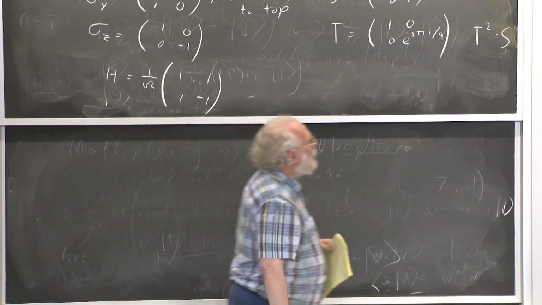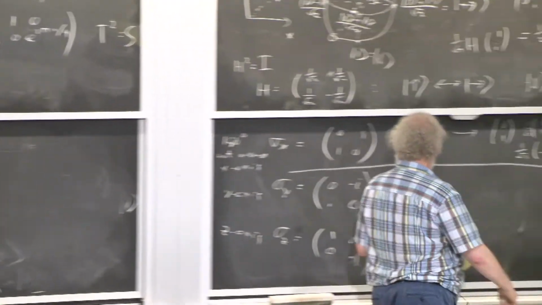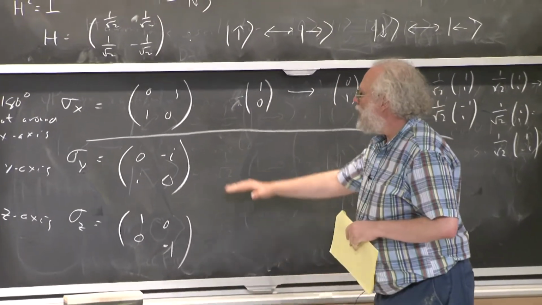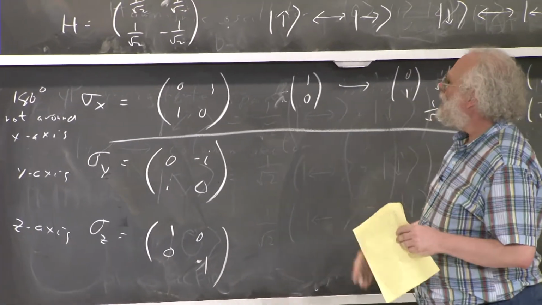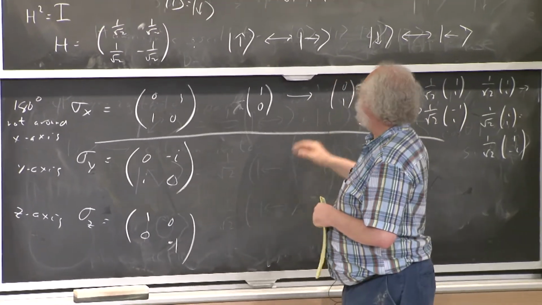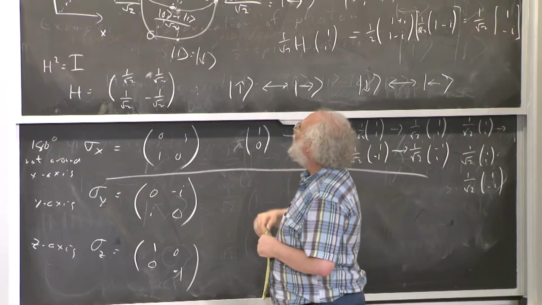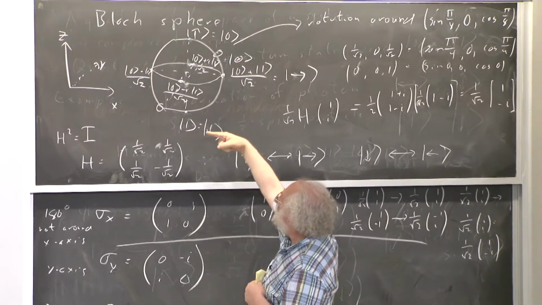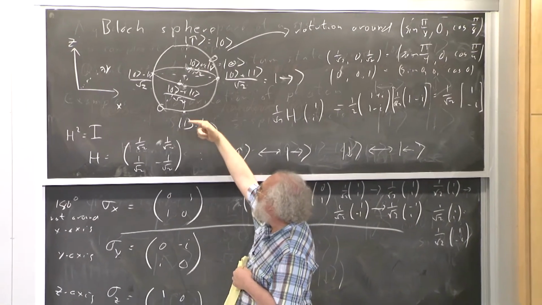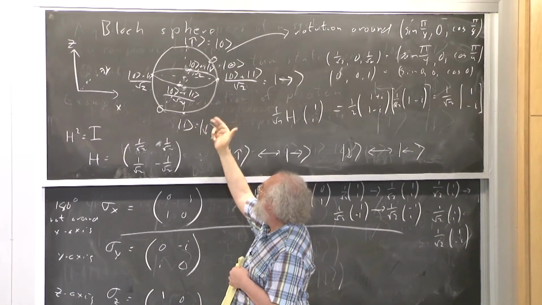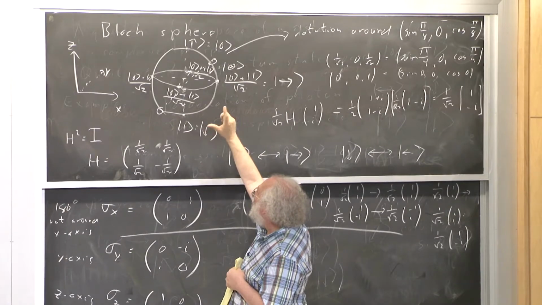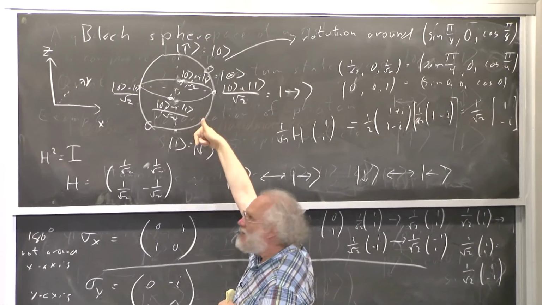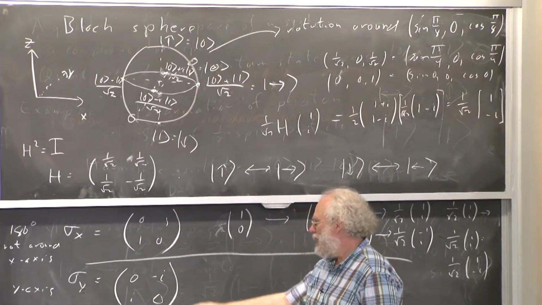So what happens when we apply two of these Pauli matrices? What happens when we multiply two of these Pauli matrices? Well, let's do it on the Bloch sphere. Sigma x keeps the x-axis the same and interchanges the minus y-axis and minus z-axis units.